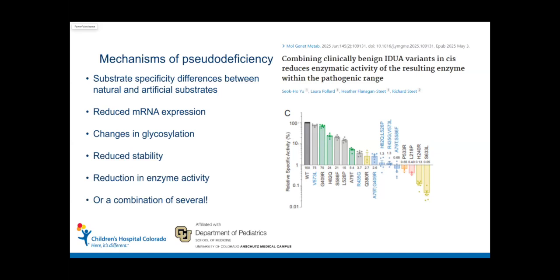So I do want to just show you this paper that's on the right. If you look, the wild type is on the left. And as you move across, what you see is decrease in what Rich calls the relative specific activity. So each change as you move along through here has, and this is a logarithmic scale, decreases in activity due to various changes, and Rich and other papers talk about this.